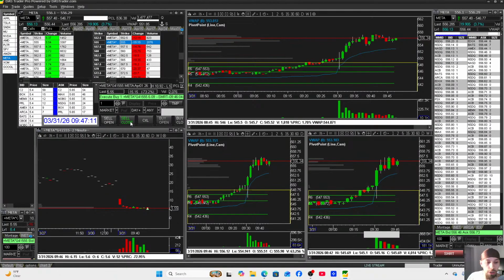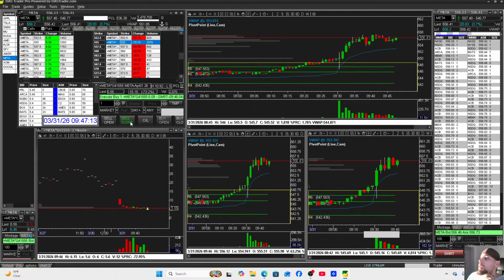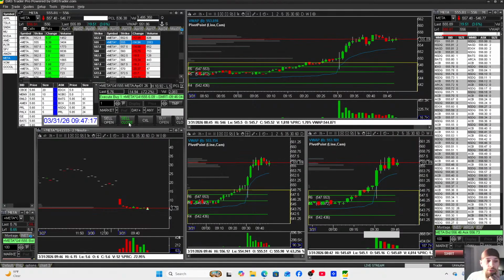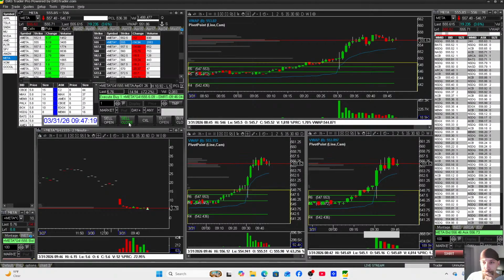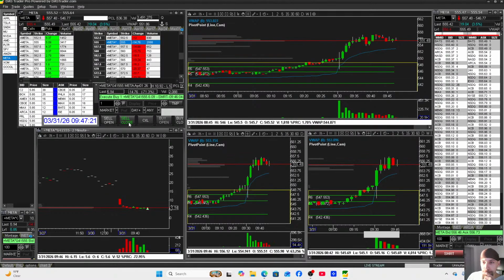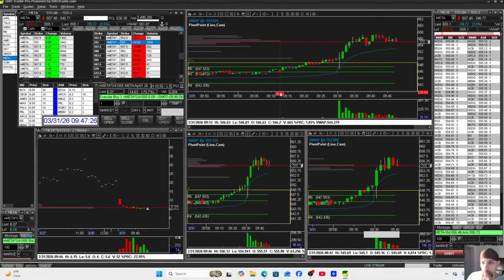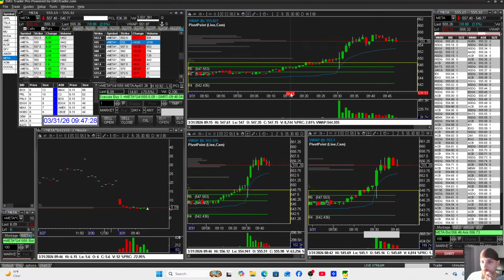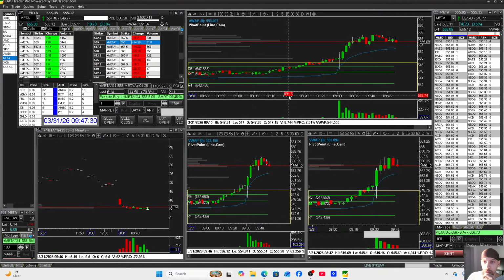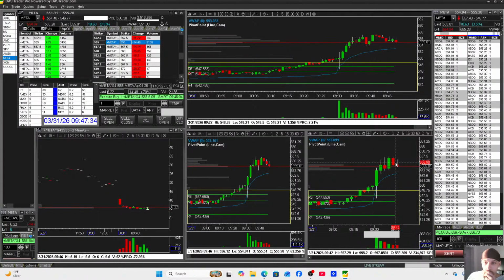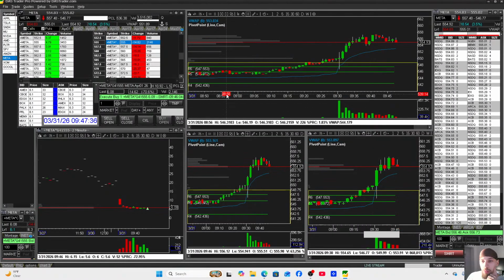Seems like it wants to rally. SPY and Q's are rallying. That's not good for me. Getting a bit of a pullback now.